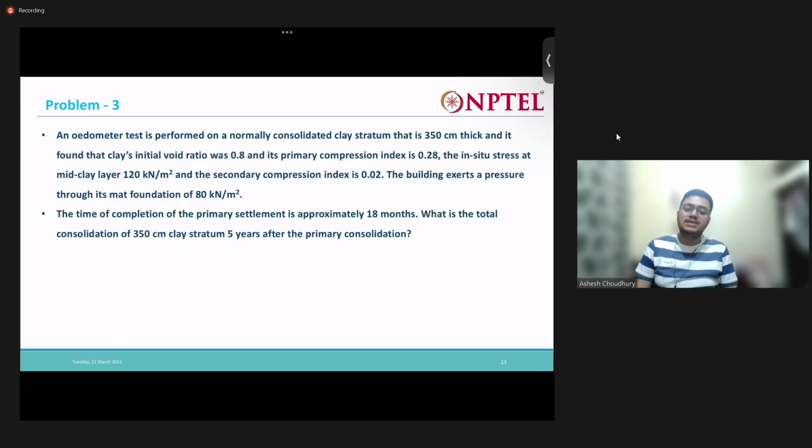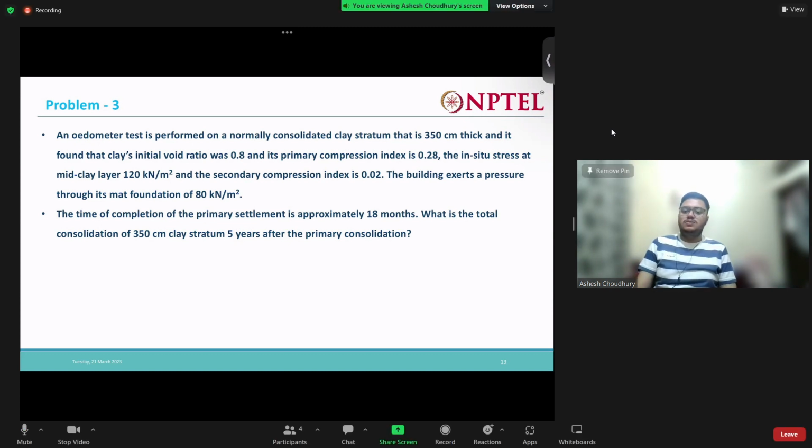What is the total consolidation of the 350 centimeter clay stratum 5 years after the primary consolidation? The total time required for the primary settlement is given as 18 months. Now it is asked how much consolidation this soil will undergo 5 years after this primary settlement.